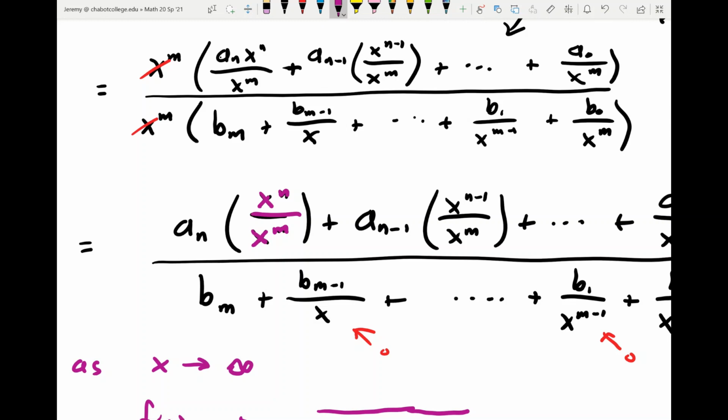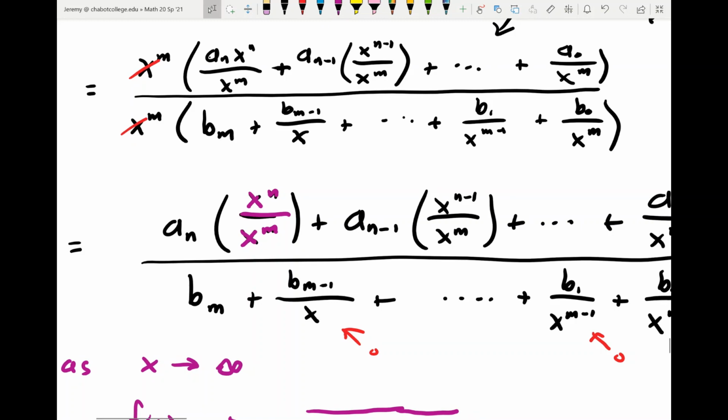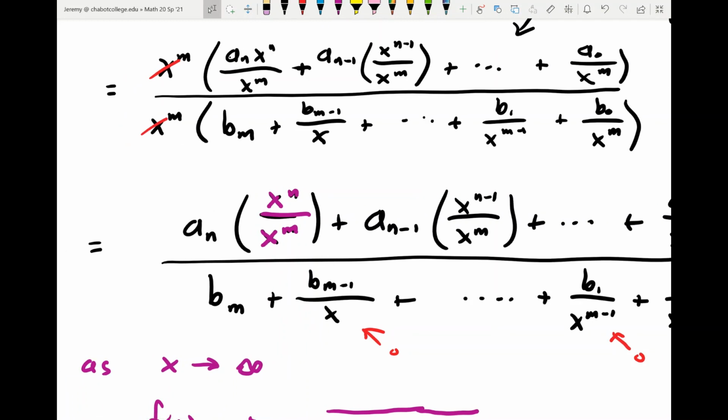So if m is larger than n, then this is going to simplify basically to 1 over x to the m minus n. Okay, so if m is bigger than n, then this whole thing is going to go to 0, right? But if the degree of the denominator is smaller than the degree of the numerator, then this is going to go off to infinity.